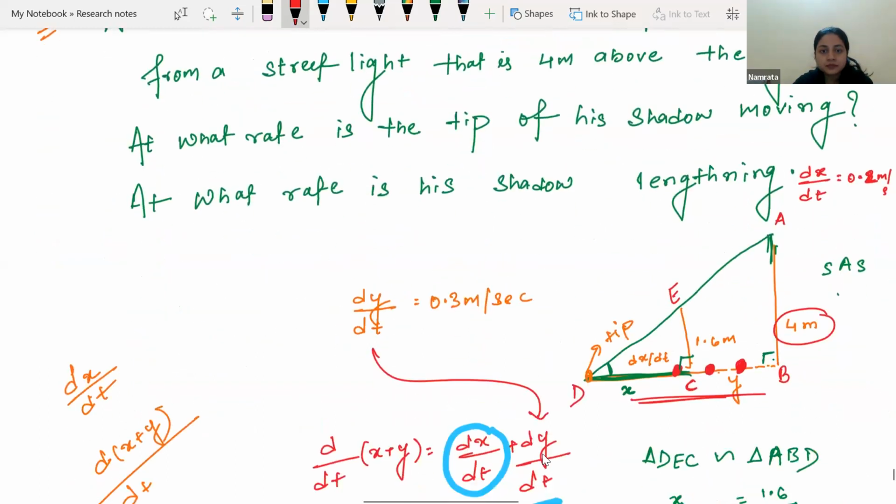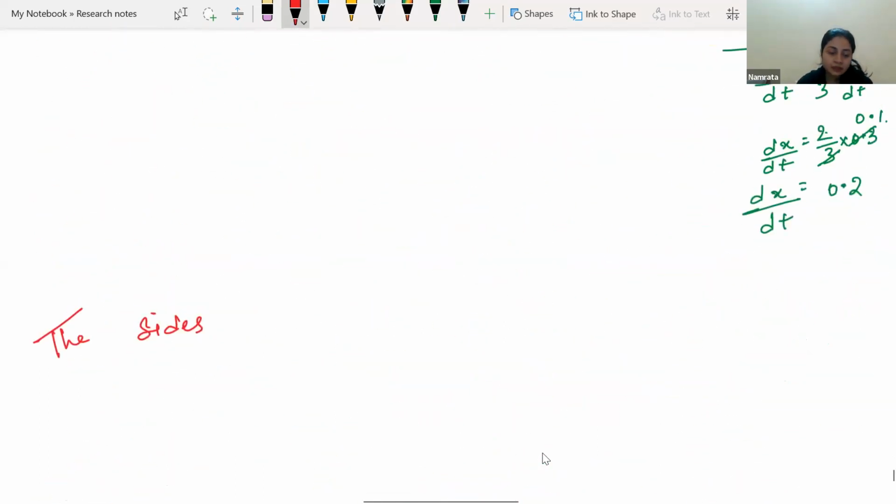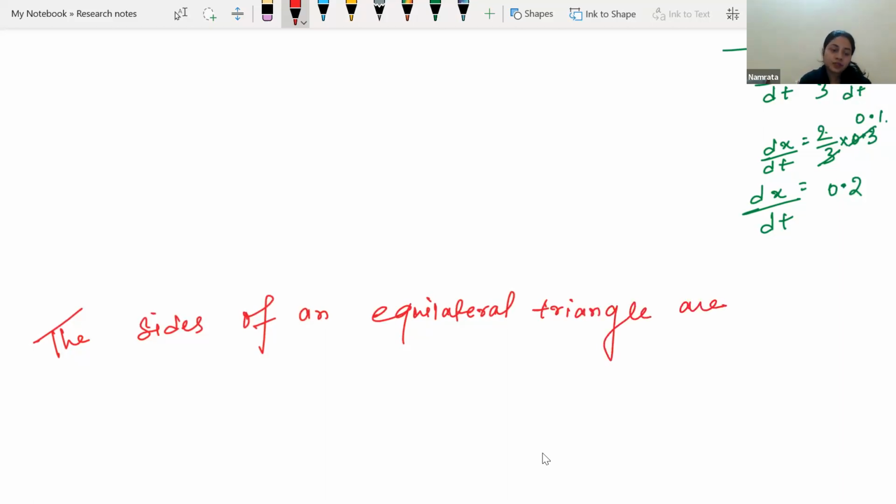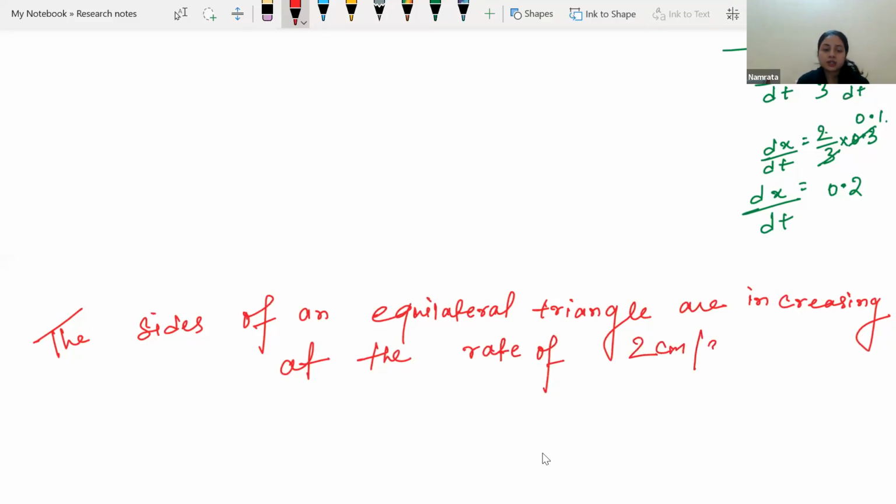Yes. Let's move ahead. The sides of an equilateral triangle are increasing at the rate of 2 centimeter per second.